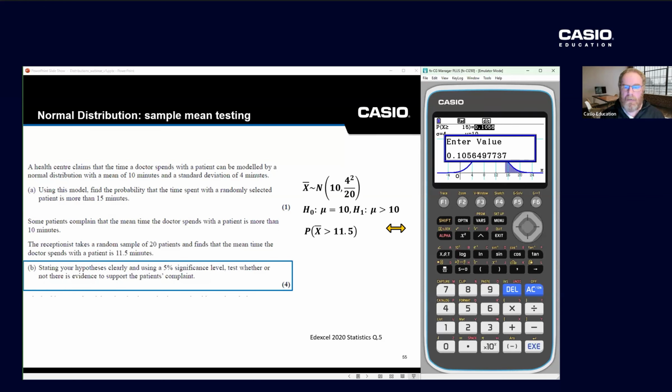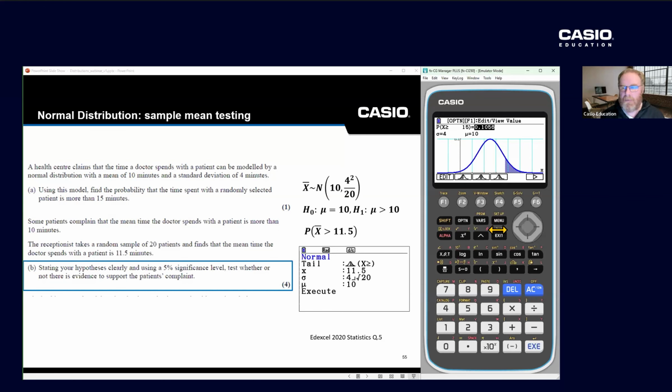Okay, so what we need to do is change the parameters. So I need to exit back to that screen. X is 11.5. Sigma, okay, that needs to be divided by root 20, because it is a sample, so you can do a calculation here if you want.